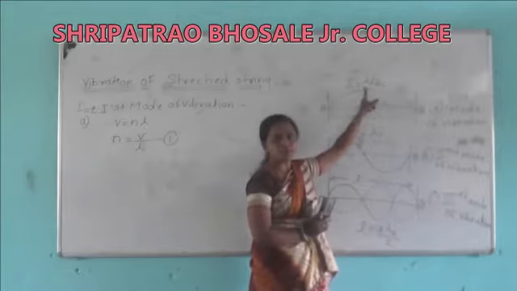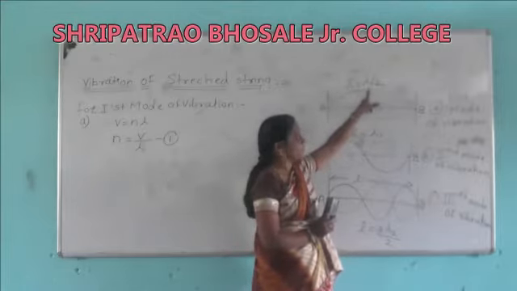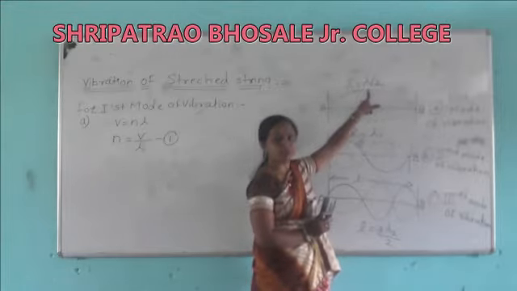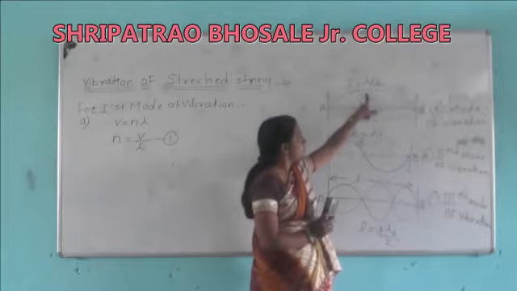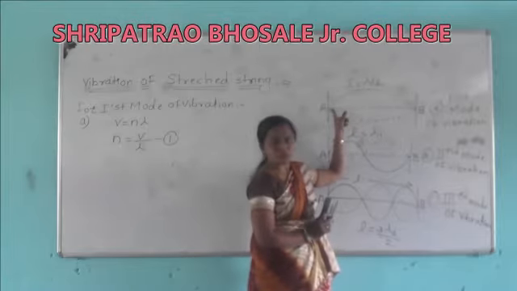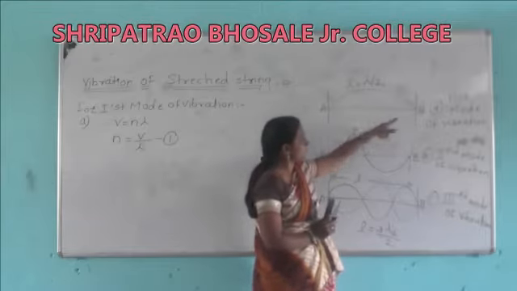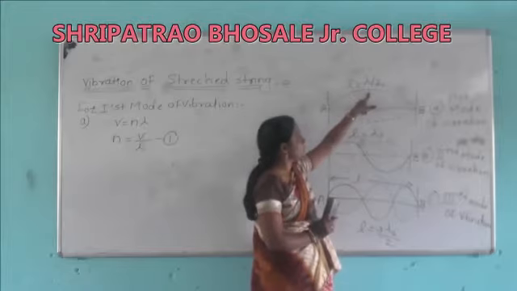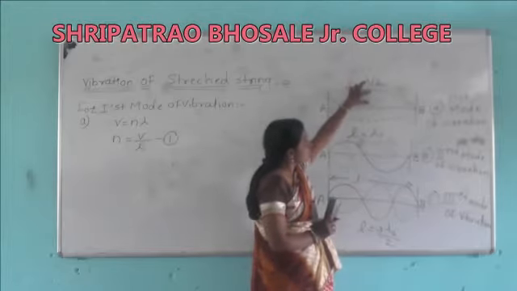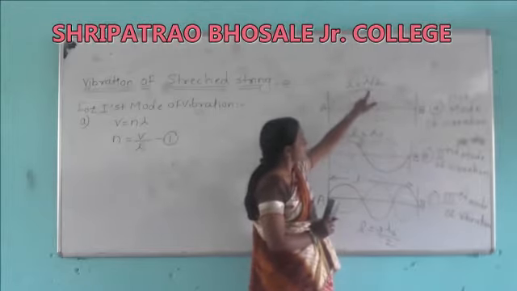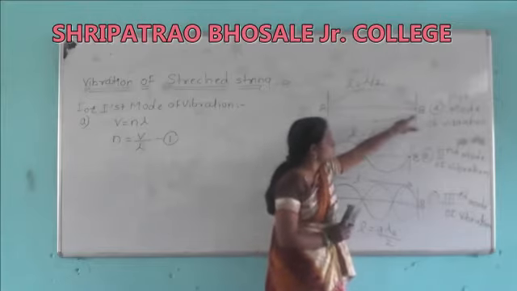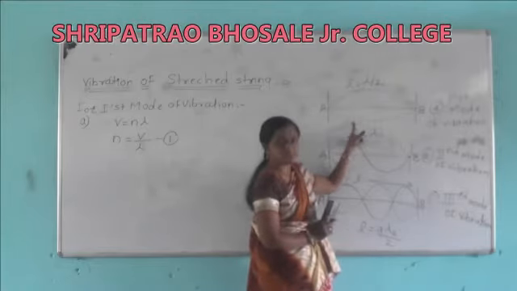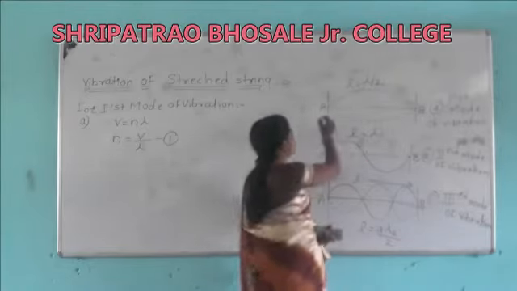Antinode means the amplitude of vibration is maximum, and at a node the amplitude of vibration is 0. Nodes are formed at the closed ends, and the antinode is formed at the middle of this string.